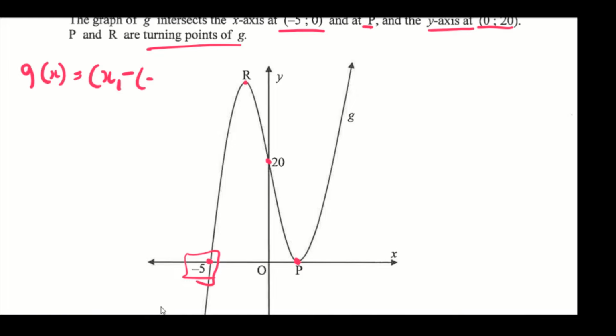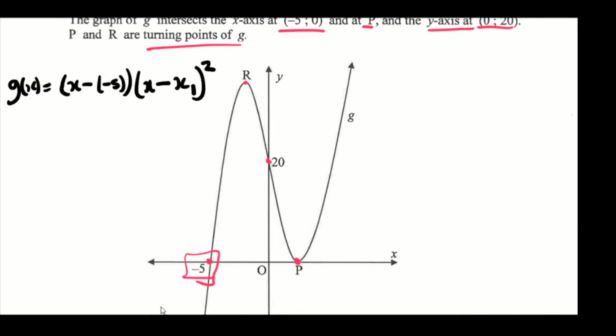So g of x equals x minus -5, and then x minus x1 squared.